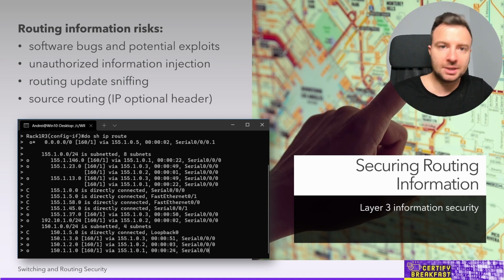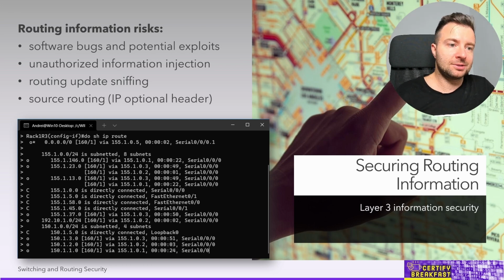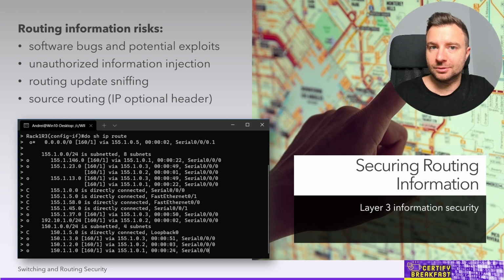Why is that so important? The interception of routing traffic might not be the actual purpose of the attack, but knowing a lot about the topology, the routing topology, and the devices in your network is going to help the attacker tremendously in their reconnaissance phase, understanding more about your network and what can be exploited.